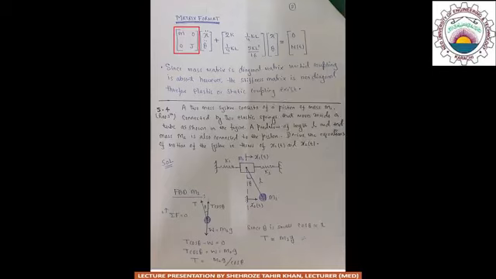So for this system, the inertial coupling is absent. However, if we closely look at the stiffness matrix, we see that it is non-diagonal in nature. Therefore, the system has elastic or static coupling. So that's the end of the first numerical problem.